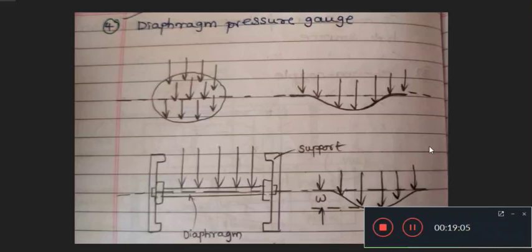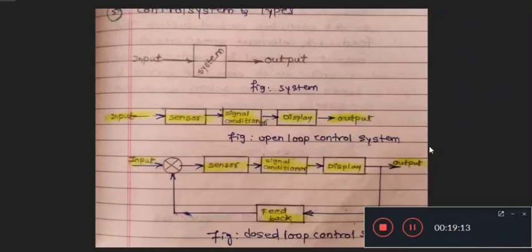And here we have two different types of systems. One is the open loop control system and another one is the closed loop control system.